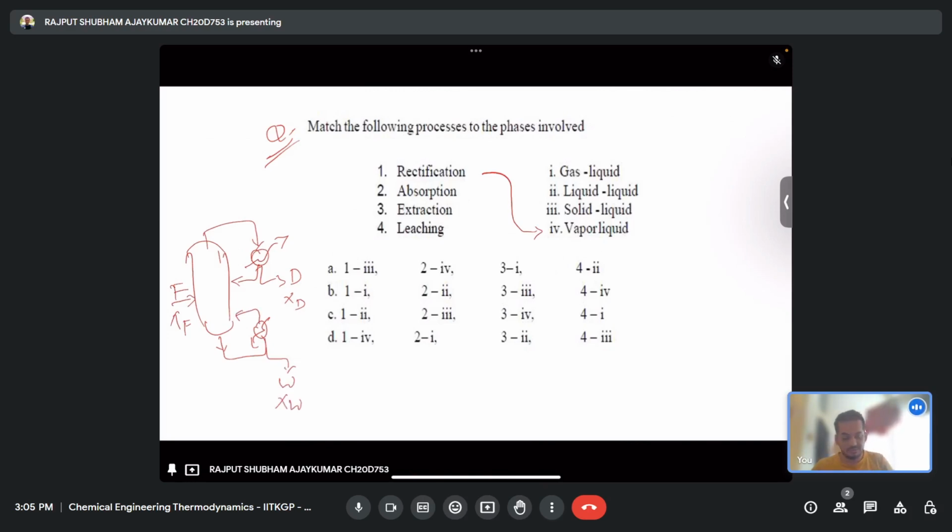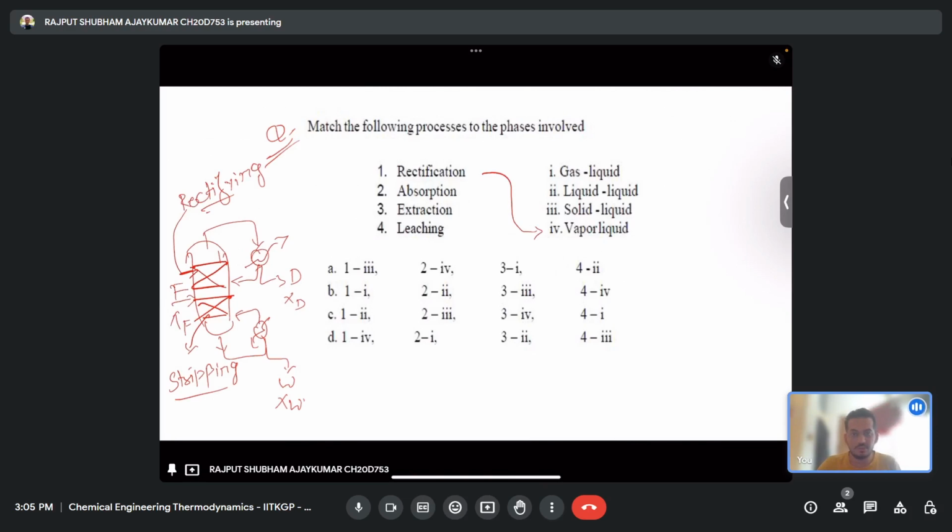So this is how the distillation column works. Rectification is the top part, this part is known as the rectification, and this part is known as the stripping, and this part is the rectifying section. So it's related to vapor and liquid.